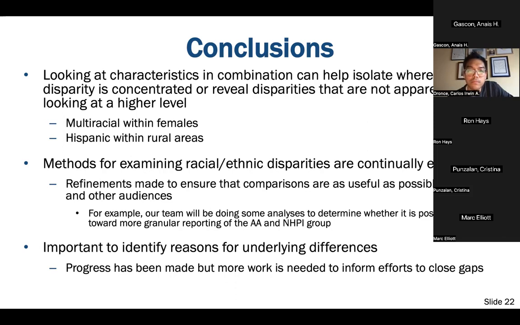The sample sizes can get thinner when you cross-tabulate with other characteristics, but I think there's potential and interest there. I should also say that we're moving towards an ability to try to do that for the clinical measures as well. So I suspect that is a direction that's coming.